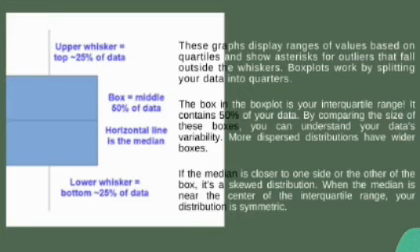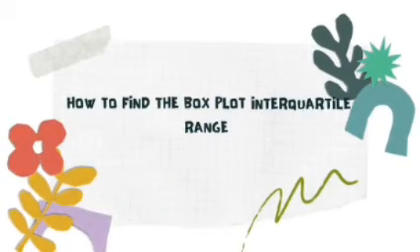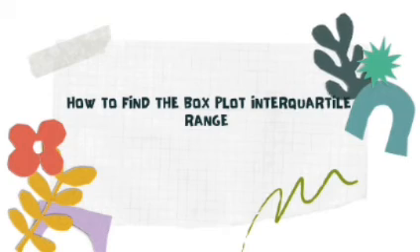By comparing the size of these boxes, you can understand your data's variability. A more dispersed distribution has wider boxes. If the median is closer to one side or the other of the box, it's a skewed distribution. When the median is near the center, your distribution is symmetric.